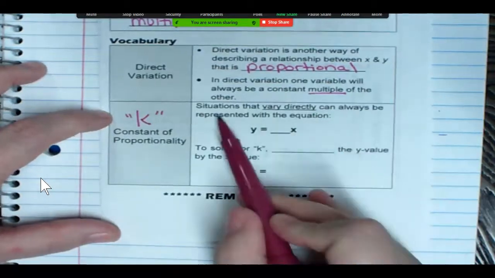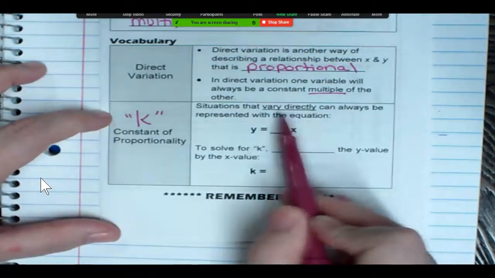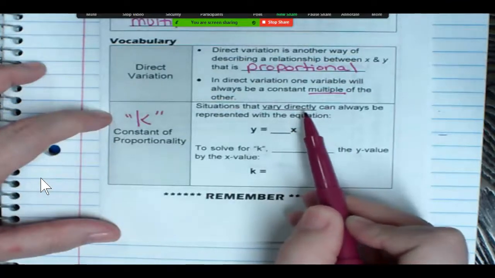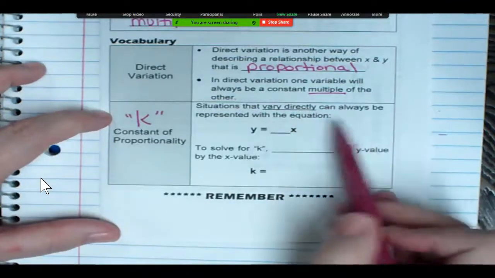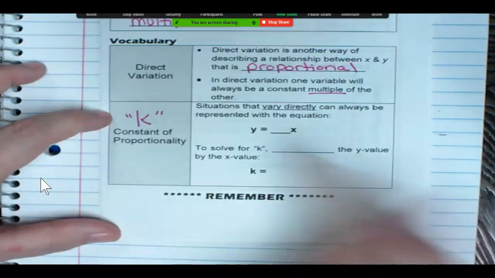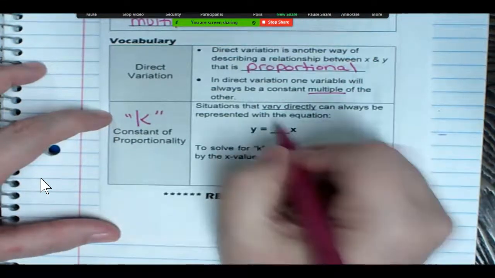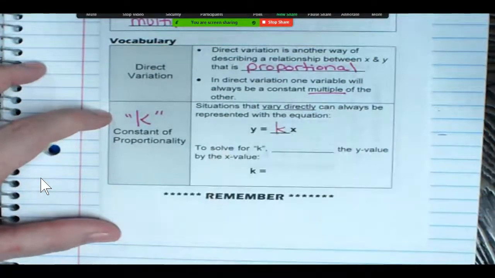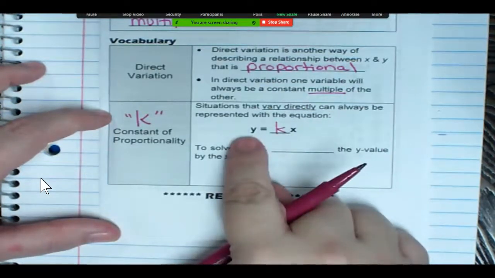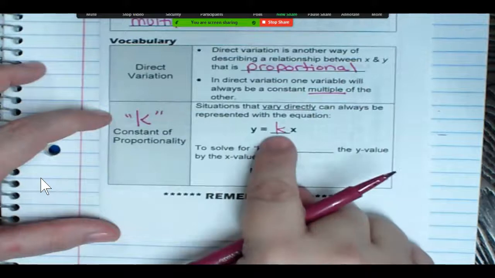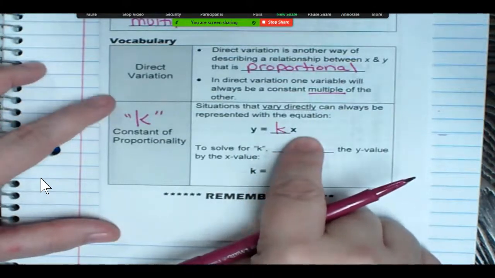So situations that vary directly, or you could say situations that are proportional, can always be represented with the equation y = kx. And if you notice, that's the same thing as saying y equals k times x, right?